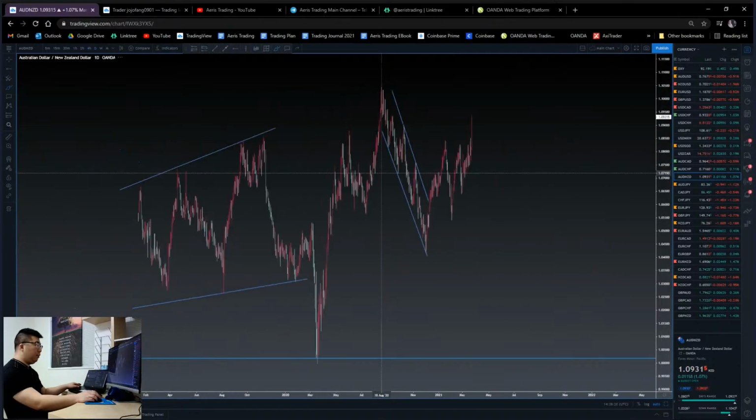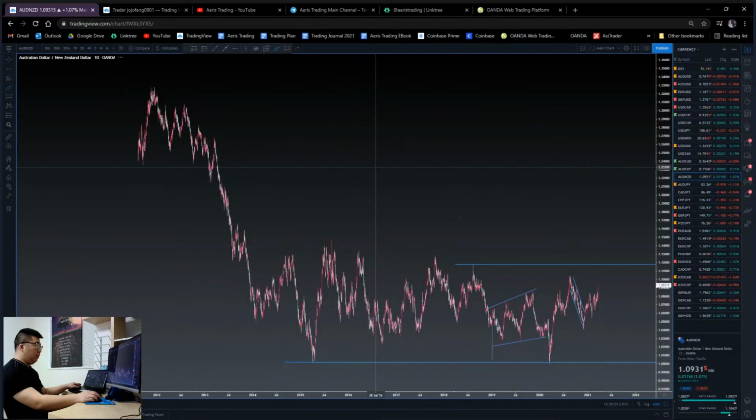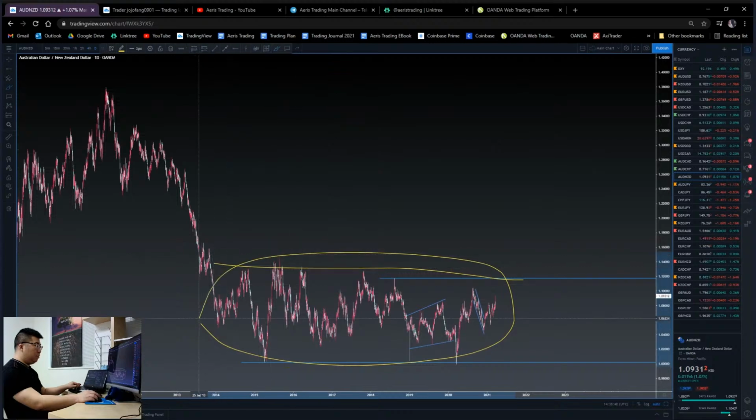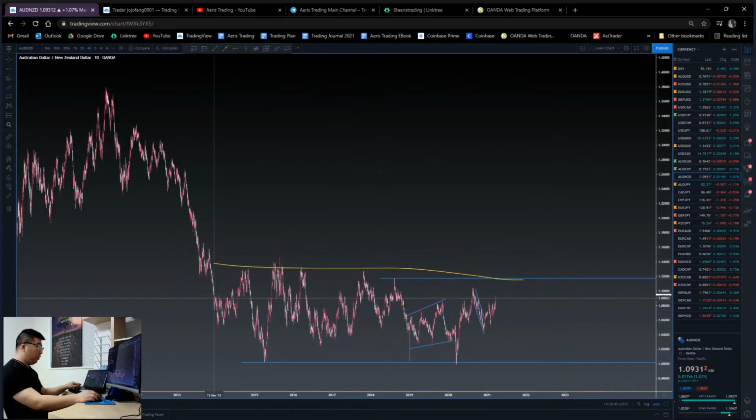Because higher time frame wise, if we just zoom out a little bit here, to me, this is still a long period consolidation that the price is doing. The only way to change all this is that we're just going to start seeing strong bullish bias and continuation, which is pretty much what I'm expecting, because when price started forming this bit of the consolidation since January 2014, we've been in this consolidation for 7 years now.